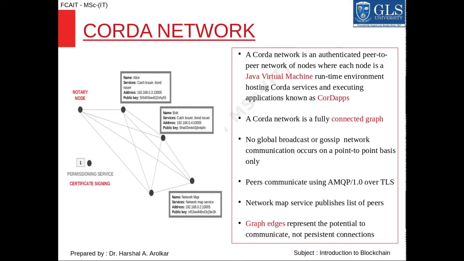And we're able to see the public key of this particular node Alice. Now, because we interact based on public and private key infrastructure, other nodes need to know the public key of this particular node Alice. Then we have a notary node, which also at times becomes important, and then we have a permissioning service or a certificate signing authority, which is denoted by one.